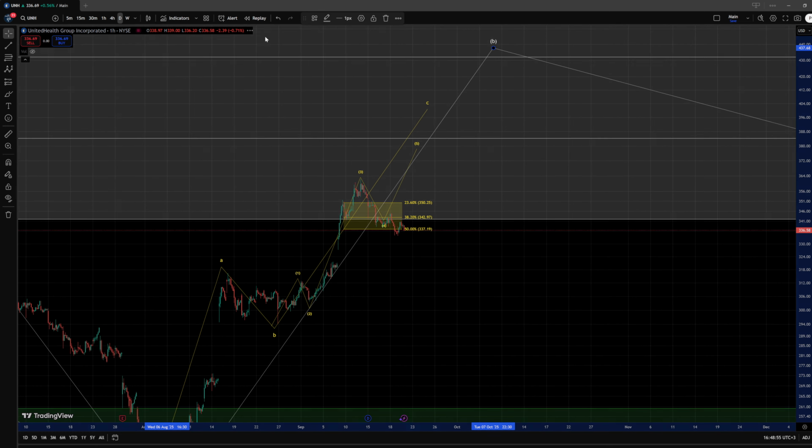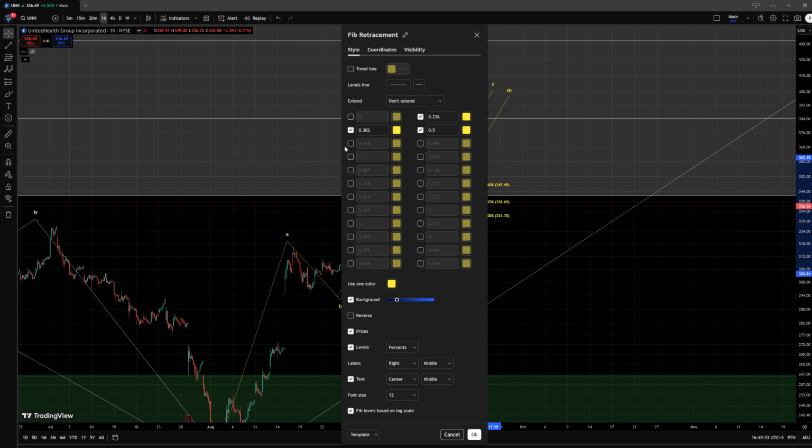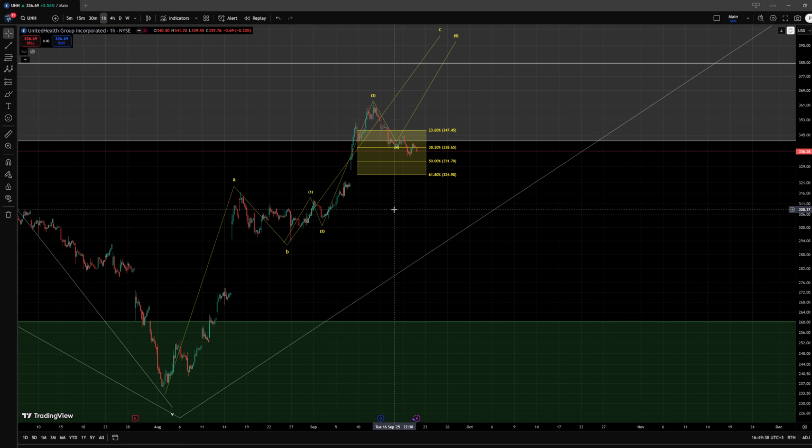And as I was saying, both of them would still be within the green, or sorry, the white scenario. But in this case, I would be considering that maybe this is the entire third wave up as opposed to what we previously had as a 1, 2, 3, 4, 5 to complete an impulse in the wave C. And now we have to shift to tracking a possible diagonal, although those are not the most reliable patterns, but really this is the only way we can track direct continuation to the upside in this case.